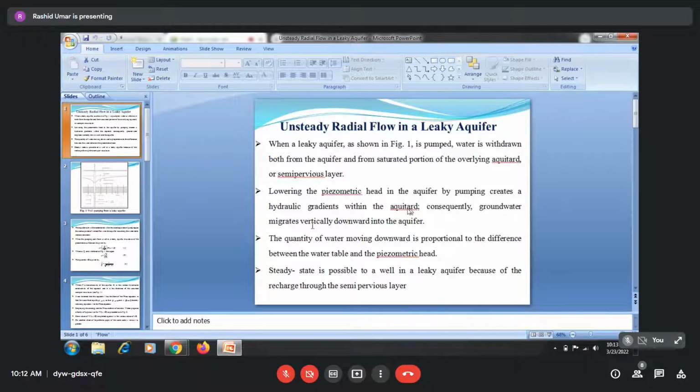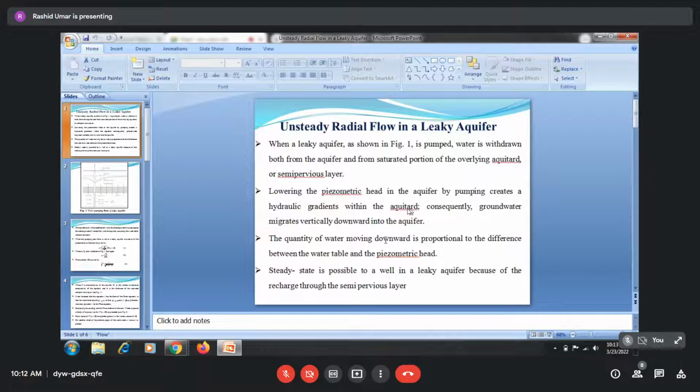Consequently, groundwater migrates vertically downward into the aquifer. The quantity of water moving downward is proportional to the difference between the water table and the piezometric head. Steady state is possible in a well in a leaky aquifer because of recharge through the semi-pervious layer.